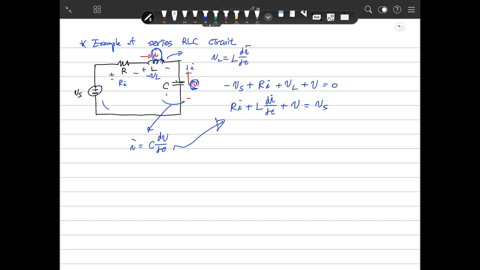Then we substitute this relation into the first equation. So we do that here.